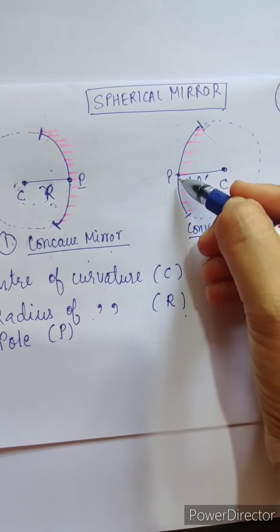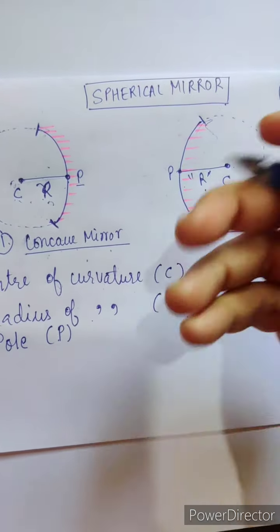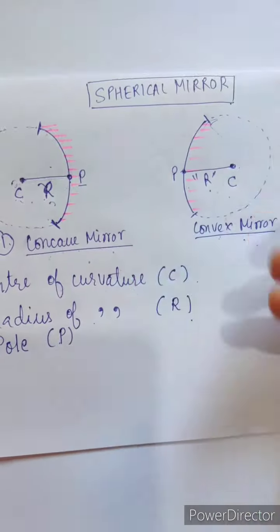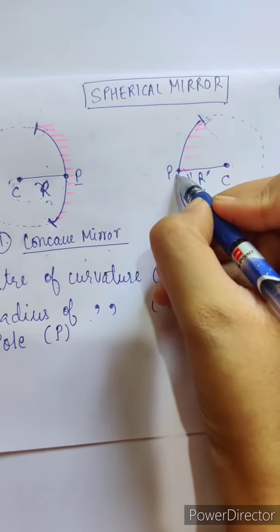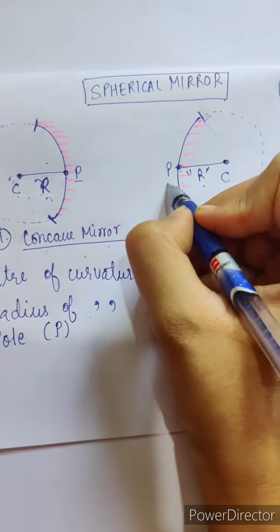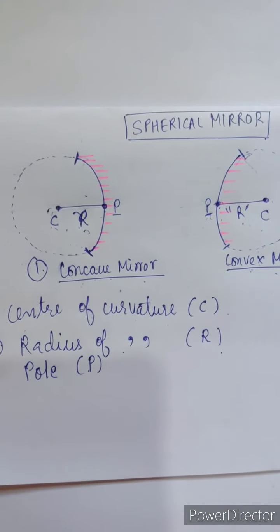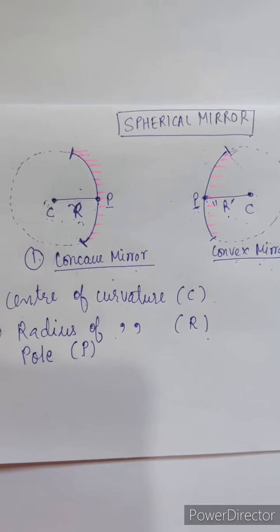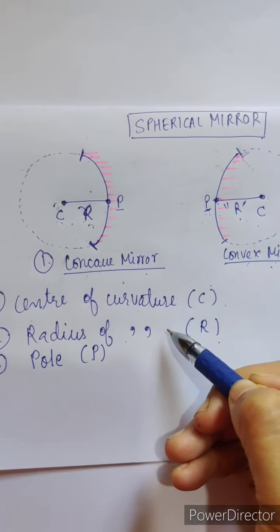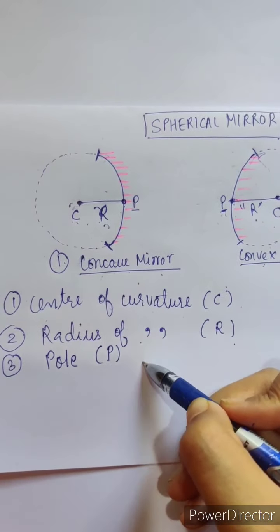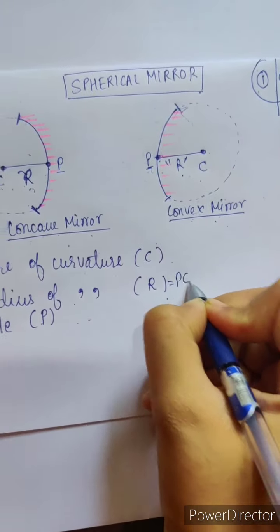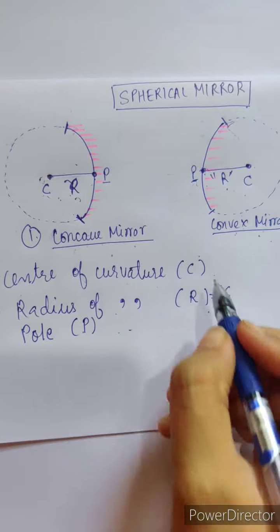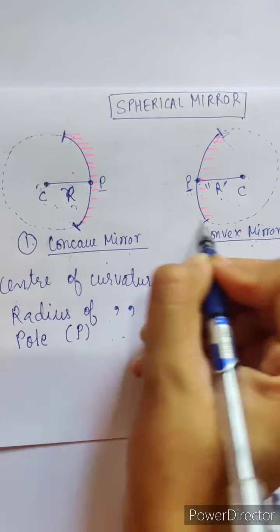The center of this reflecting surface, although it is not the proper center, just assume that this is the center of this whole reflecting surface of the convex mirror, and it is denoted as pole. So I hope radius of curvature, center of curvature and pole are clear to everyone. This line PC denotes the radius of curvature. So this is the radius of curvature in both the mirrors.